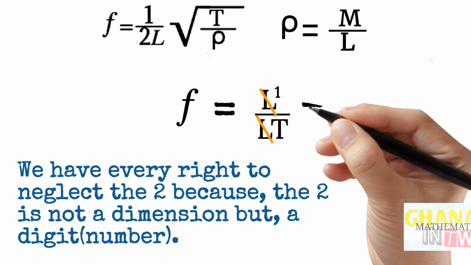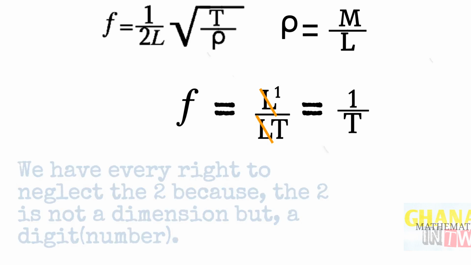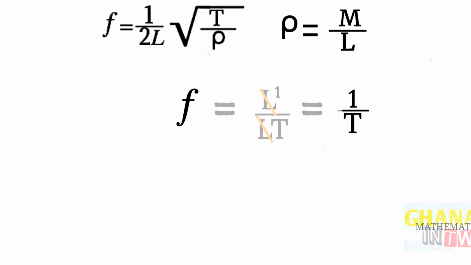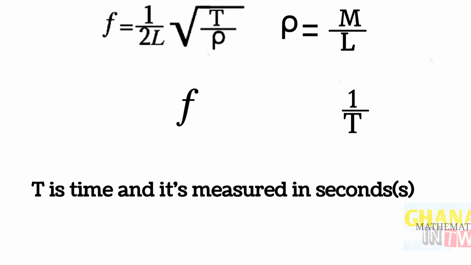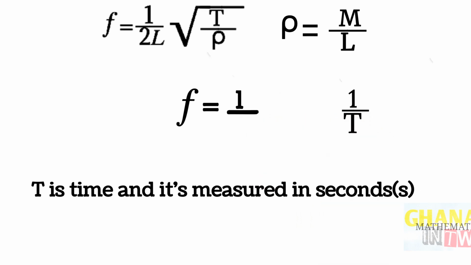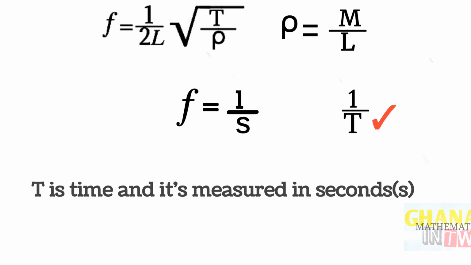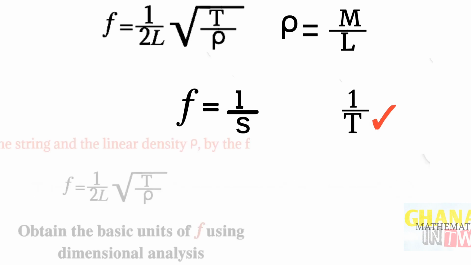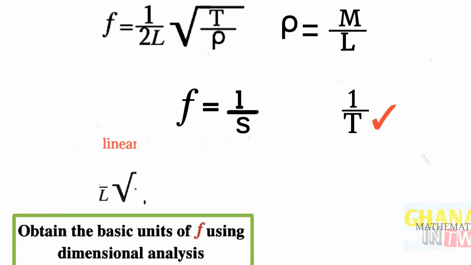And the T stands for time, and the SI unit for time is seconds. So we have already solved the work. If you know that T is time, seconds, you can say that F equals 1 over S. That is the unit for frequency, 1 over time, or 1 over S. Therefore, the work is done. 2023 elective physics question.